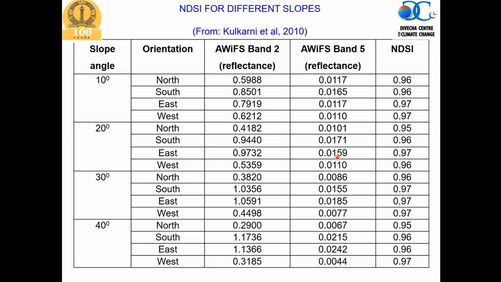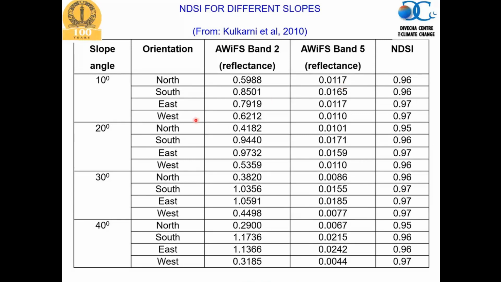So the key question is, can we really get rid of all these complex issues and try to simplify it? This is from one of our papers published way back in 2010. You can see here is a slope which is sloping in the north direction, and the sensor has 0.5 and it has 0.017 reflectance in band 5.